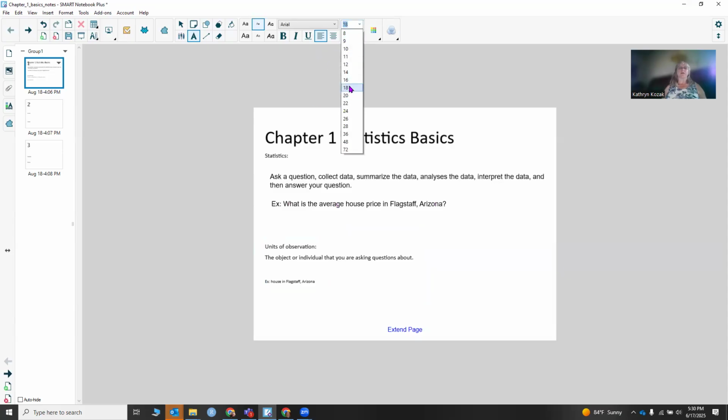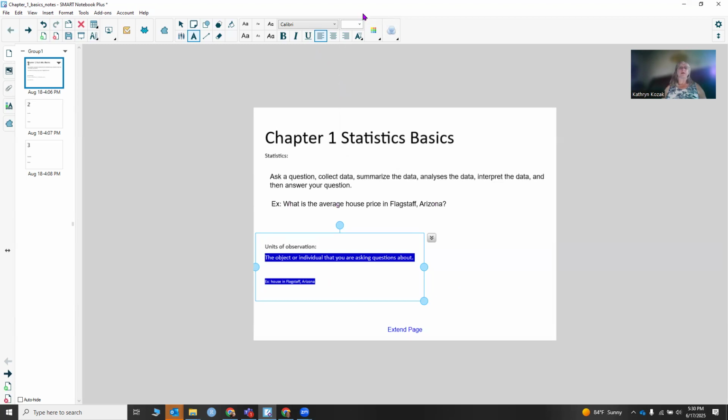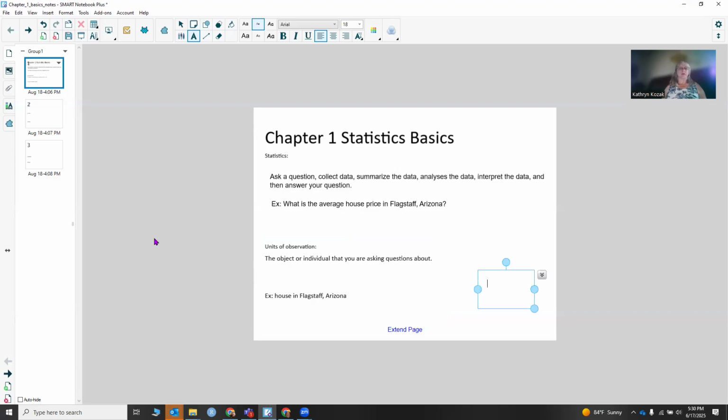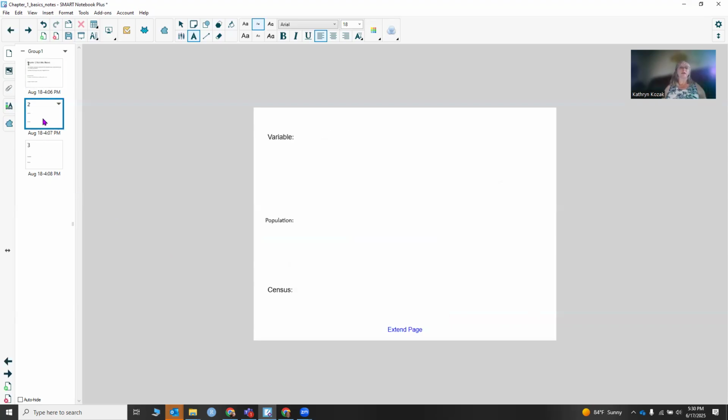I'm going to make that a little bit bigger so you can actually read it. We can from here figure out what our next step is. Now that we know what this is, we can tell our reader what we're dealing with and what we want to measure.